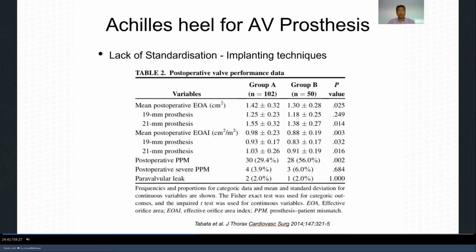He looked at patients who had a size 19 and 21, and you can see that there is a difference in terms of the effective orifice area, but also the fact that in patients who had the valve stitched using non-everting pledgeted sutures, they were twice as likely to have a risk of patient prosthesis mismatch.